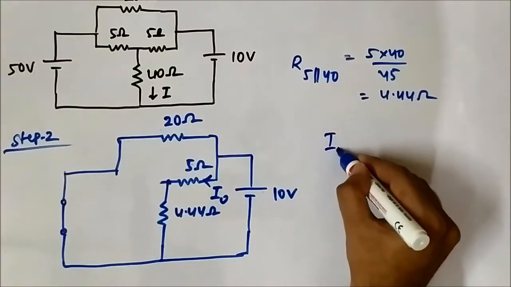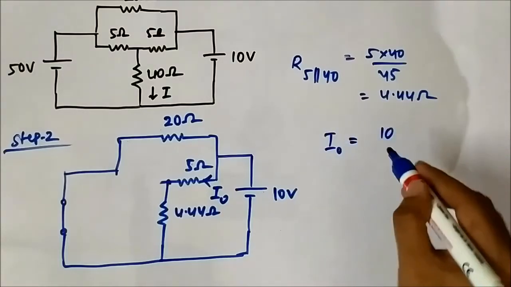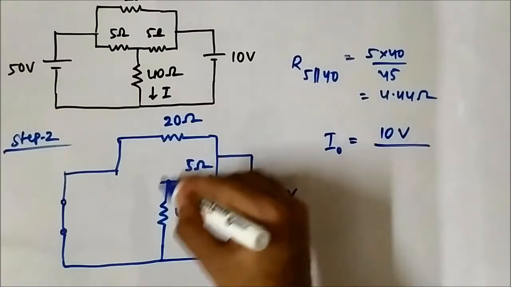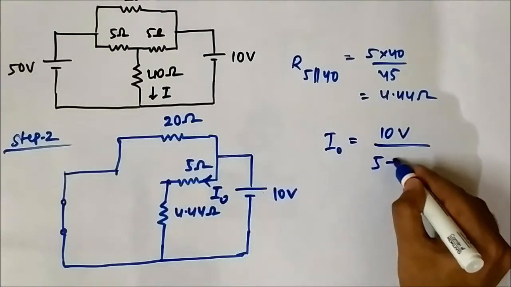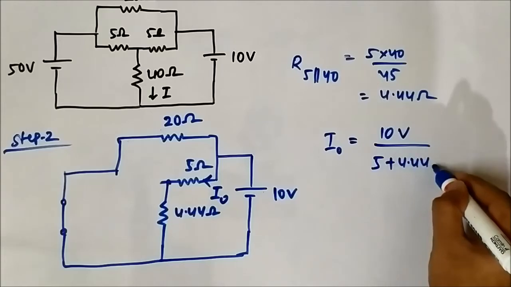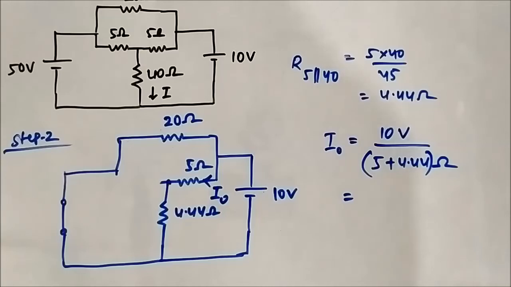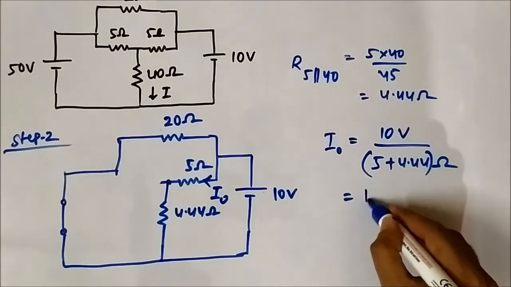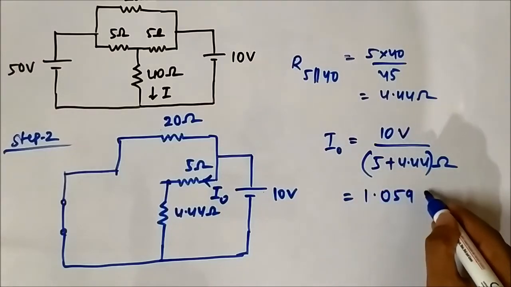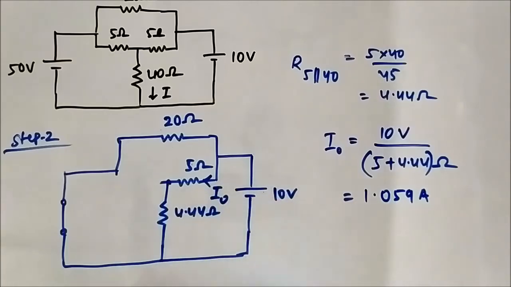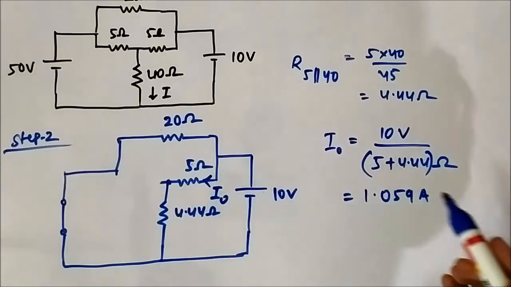So I naught will be the total voltage divided by the total resistance, which is 5 plus 4.44 ohm. So it will be 10 by 9.44 ohm, which is nearly 1.059 ampere. Okay, so this current we have found out, 1.059 ampere.